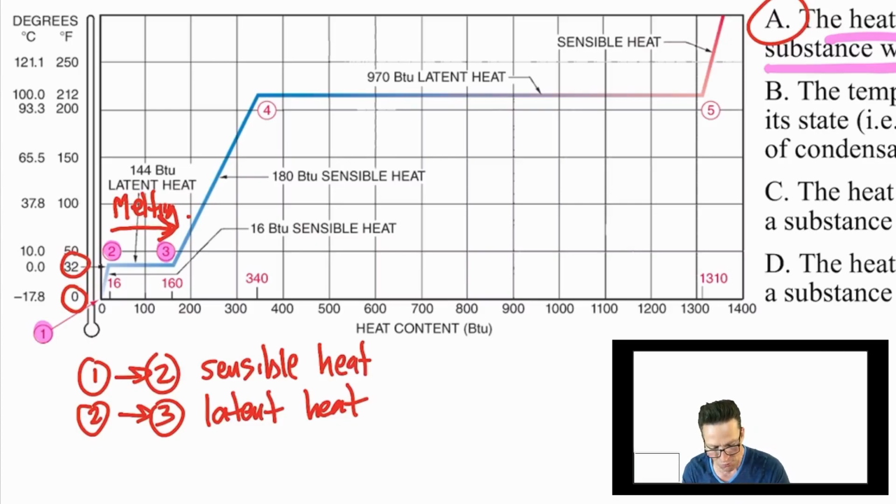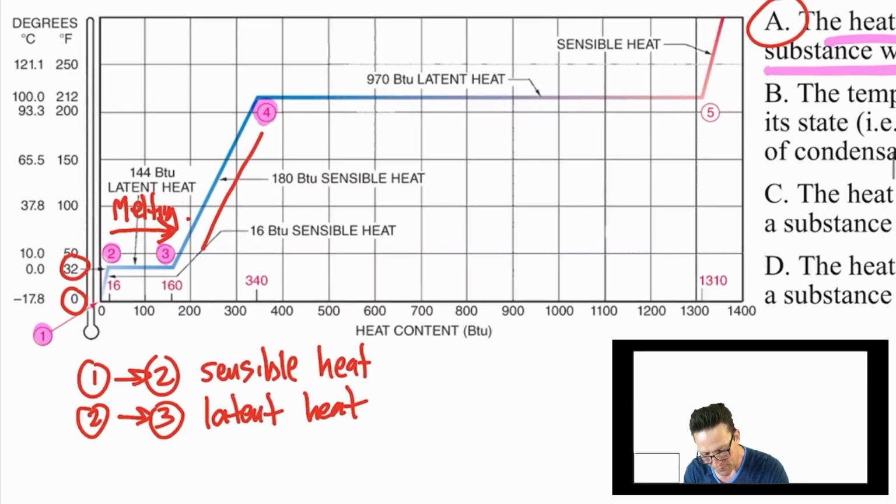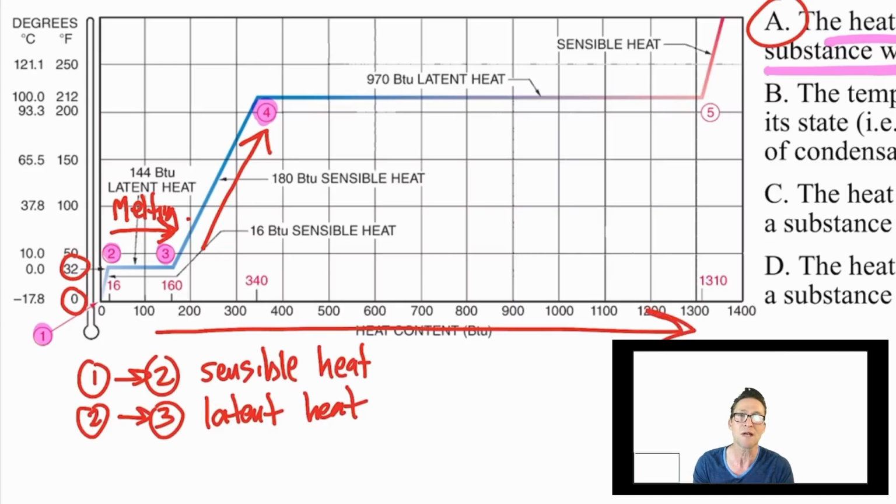Now, if we continually add more heat energy to this now fully liquid water, we're going to move from stage 3 to 4 here, up the temperature scale, because there's no more ice to change state into a liquid. But we're going to keep adding heat energy, moving left to right to that liquid, which means we're warming it. Which means from 3 to 4, we're adding sensible heat once again.